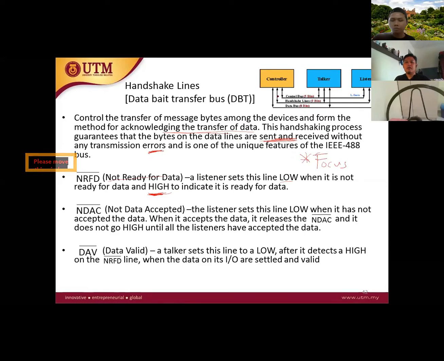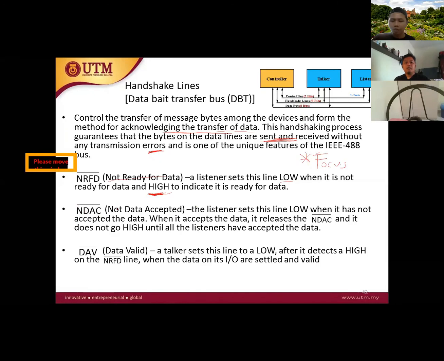You send data ready to the listener and set the data ready on the NRFD. The controller will acknowledge, and then the controller will set the talker to send data.